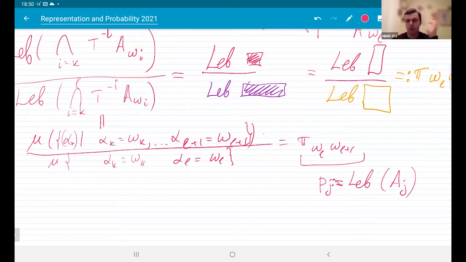And then you can prove that everything works here as needed. So this is the proof of this theorem.